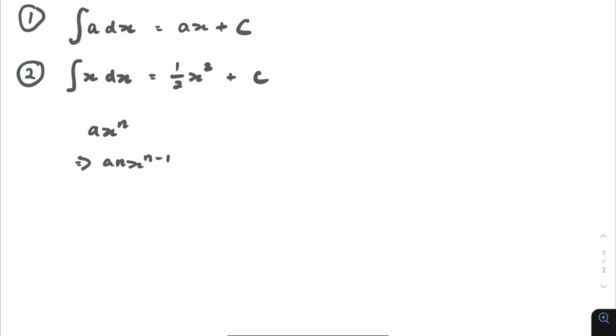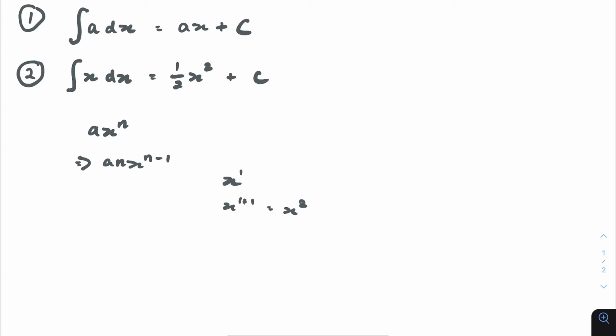So in this context, if you had x, it would be x to the power of 1. Since this is going minus 1, you would add 1. And since they drag it down first, you would first add 1 to the power before dragging it down. So it would go from x to the power of 1 to x to the power of 1 plus 1, which is equal to x to the power of 2.